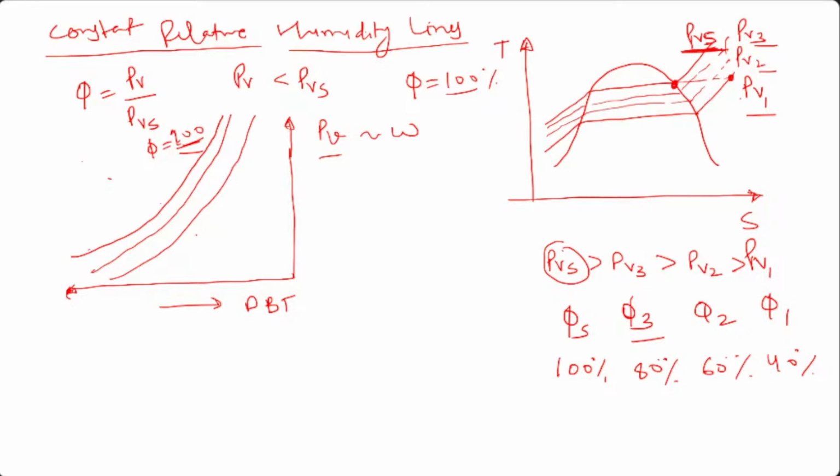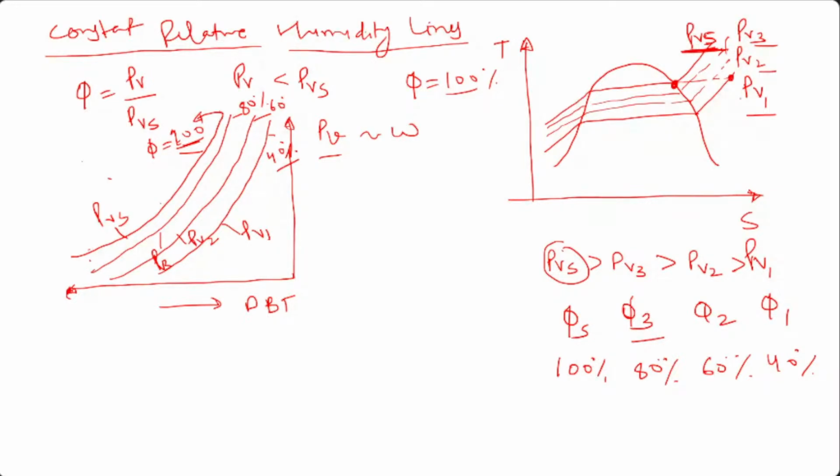So this is corresponding to 100% relative humidity, this may be your 80%, this may be your 60%, this may be your 40%, because this is corresponding to Pv1, this to Pv2, this to Pv3, and this is corresponding to Pvs.